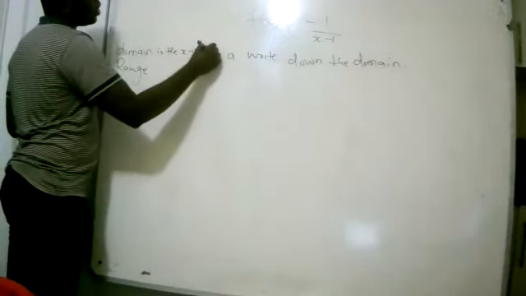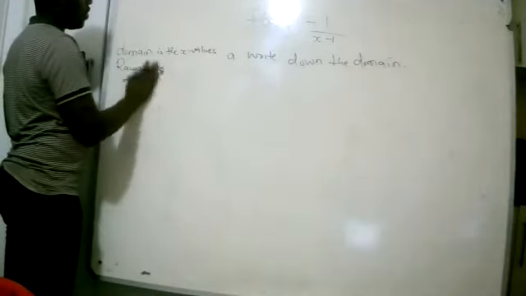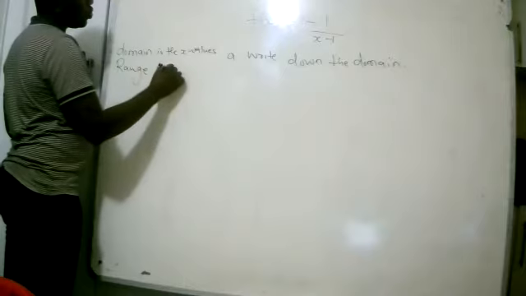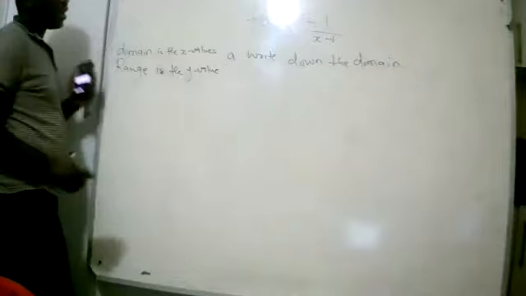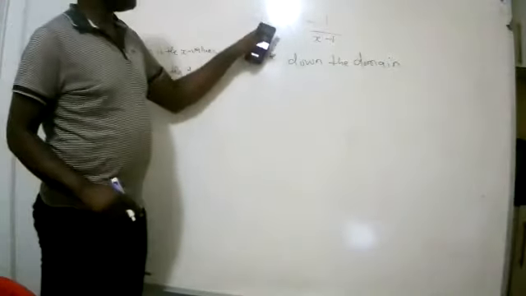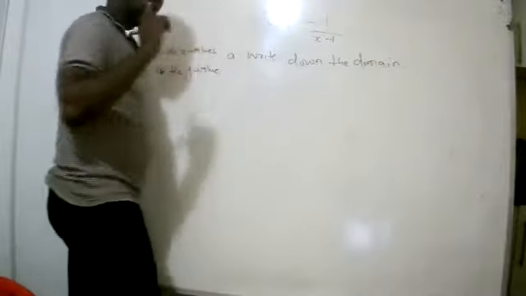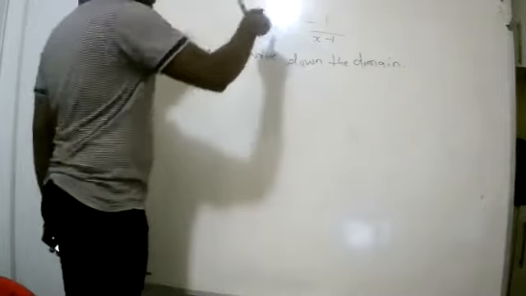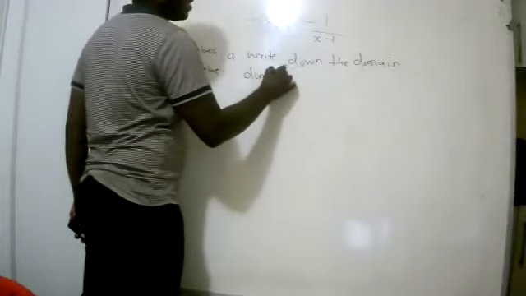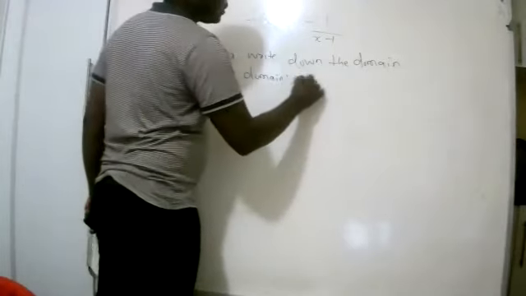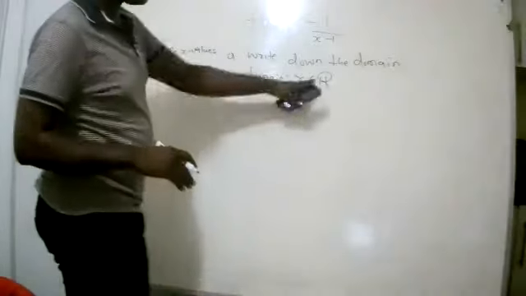So you must check the x values of that given function, and the range are the y values. So let's check what the x values of this function f are. The x values of the function f, they don't change. Whenever you come across a parabola function, you must know that the domain for the parabola function is given as x is an element of the real numbers, which stands for any number that belongs to the real numbers.